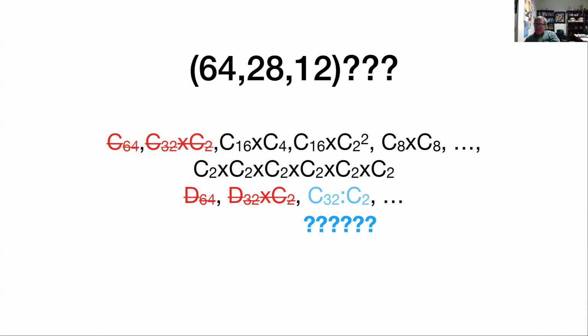And Bob Liebler of Colorado State was circulating a preprint where he argued that that did not have a 64, 28, 12 difference set. People were reading that, and more or less, people in the area were convinced it was true. Bob's a pretty smart guy, and it seemed likely that it was not going to exist.